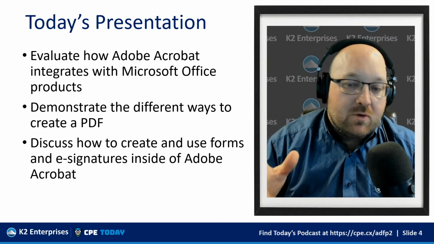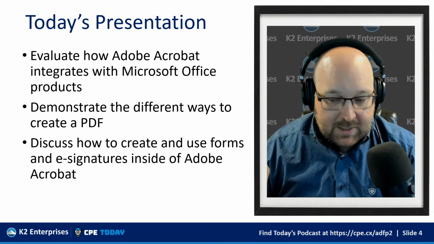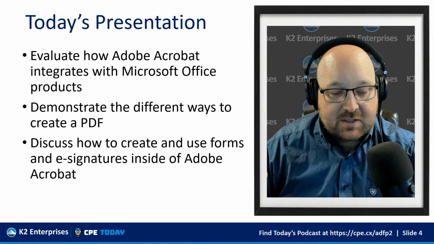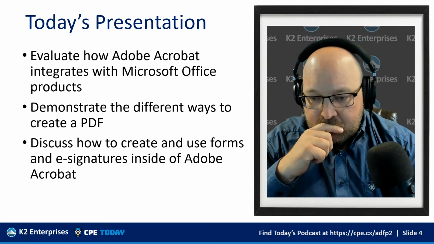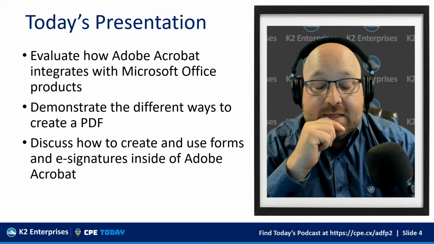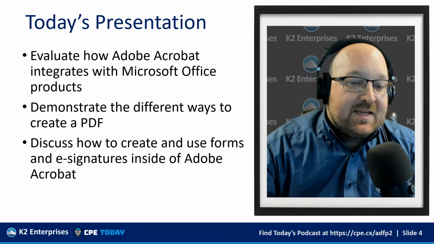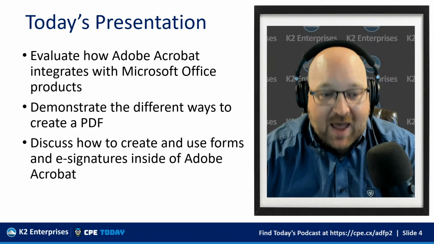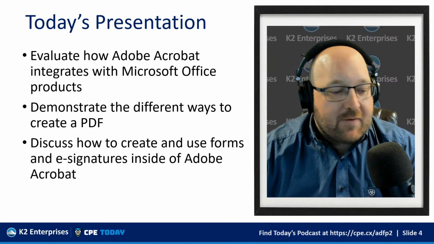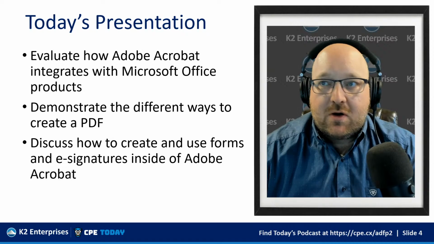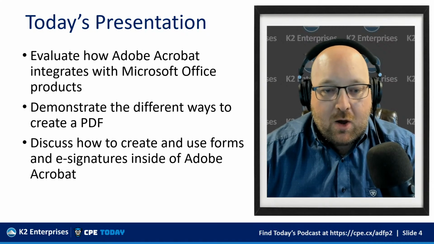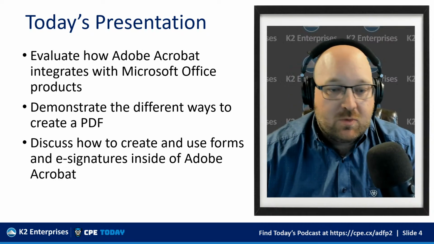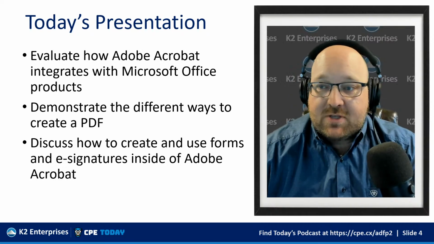You can compose those files directly inside of Word, push them to Acrobat, create the PDF, and then send them out for e-signature, going out for e-signature directly inside of that same application. No need to use a separate program. How cool is that? Alrighty, folks. So without further ado, let's go ahead and get into it and start our day and explore how we can first leverage Adobe Acrobat and its integration with Microsoft Office.